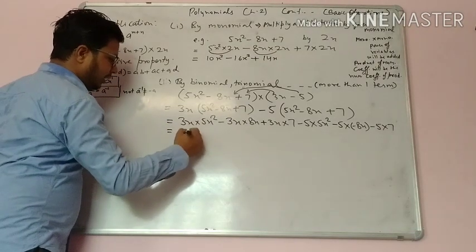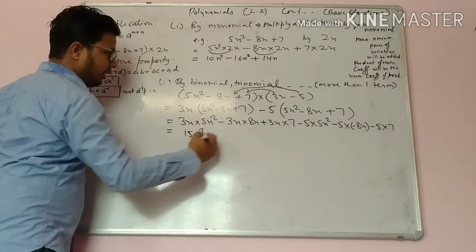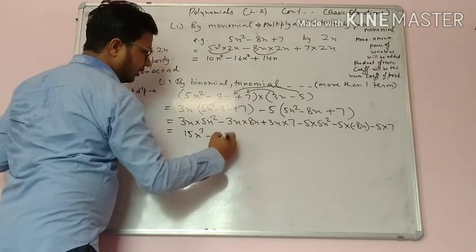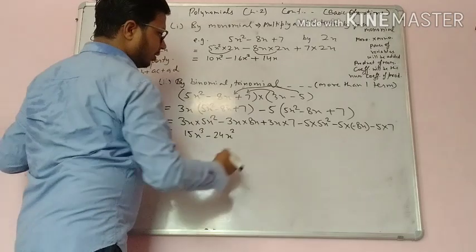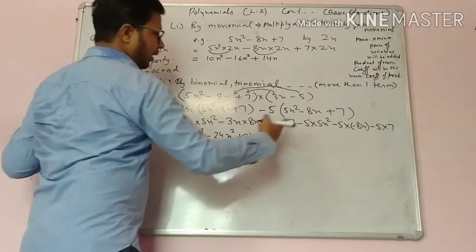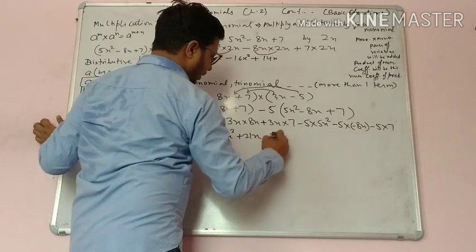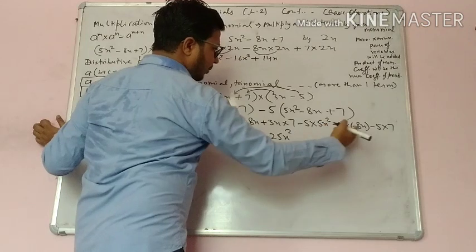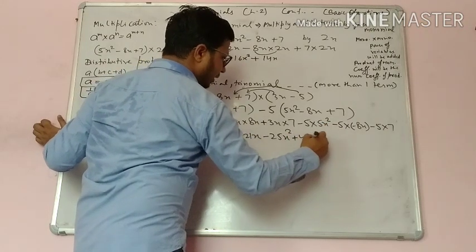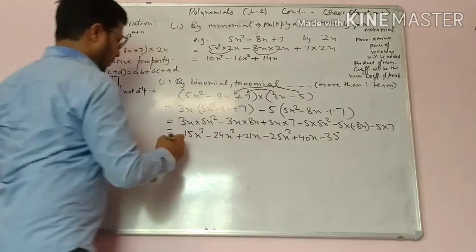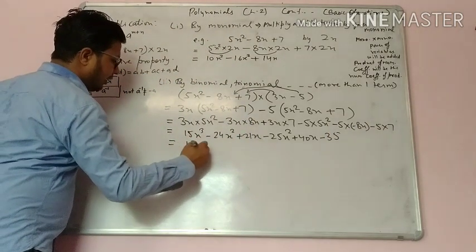3 into 5 is 15, x power 3, since 2 plus 1 is 3. Minus 3 into 8 is 24, x power 2. 3 into 7 is 21x. Minus 5 into 5 is 25x square. Minus 5 into minus 8 equals plus 40x. And minus 5 into 7 equals minus 35. Now 15x cube.